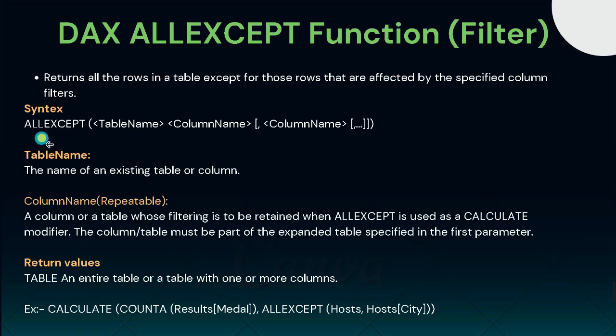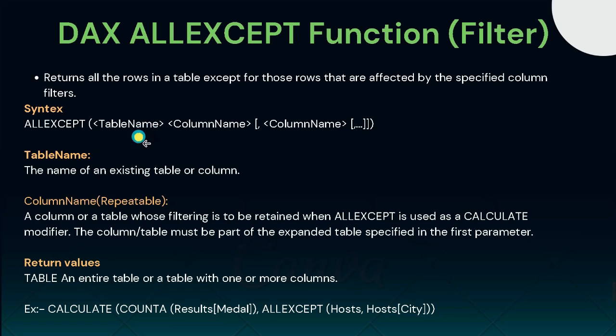That is, first of all you have to write the keyword ALLEXCEPT, and inside the bracket you have to pass two things, that is table name and column name, where table name means the table over which all context filters are removed except filters on those columns that are specified in the subsequent argument.